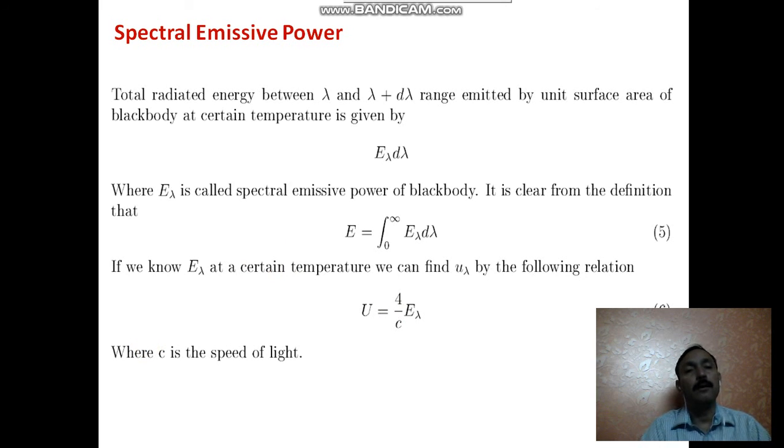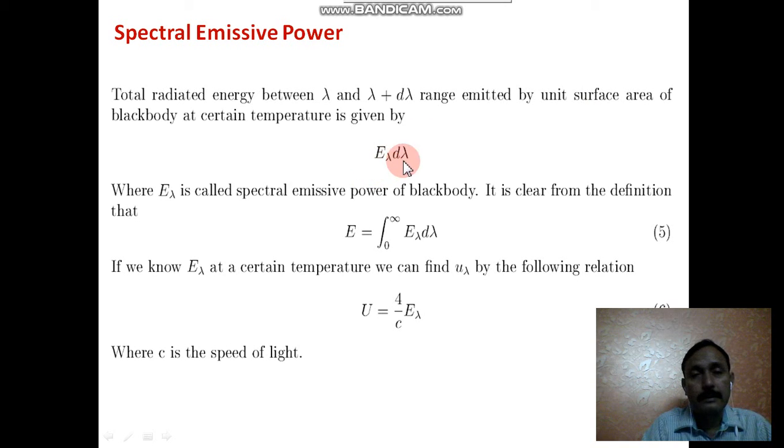Spectral emissive power. The total radiated energy between lambda and lambda plus d lambda range, that means the wavelength range lambda to lambda plus d lambda, where d lambda is small, emitted by unit surface area of the black body, always remember unit surface area of the black body, at a certain temperature is given by E lambda d lambda.